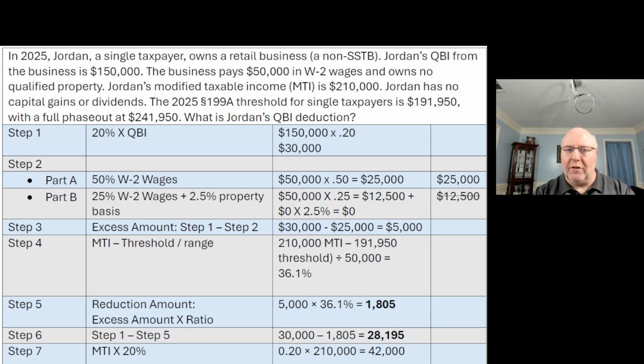If you have a single individual, it's always going to be $50,000. If you have a married couple, it's going to be $100,000 that we're dividing it by. But since we're dealing with a single person here, we're going to divide by the $50,000. So what we have is $210,000 from our modified taxable income, and we can see this in step 4, minus the $191,950, divided by $50,000.